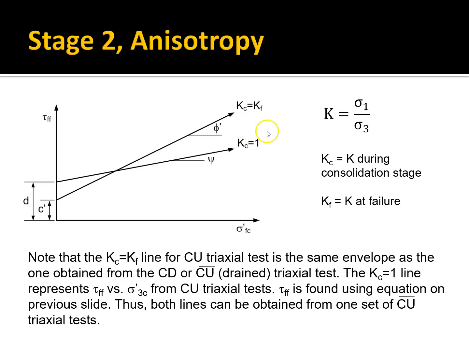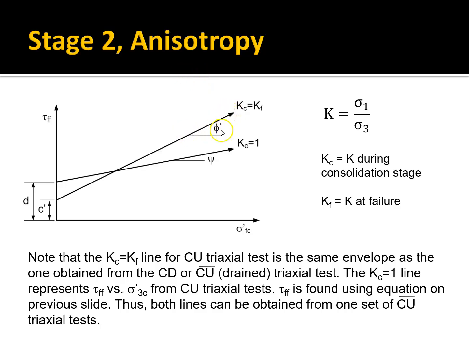And that gives you the KF term. KF is the ratio of these two stresses at failure. Now, it could be that when you consolidate, you're right on the verge of failure. So KC equals KF.